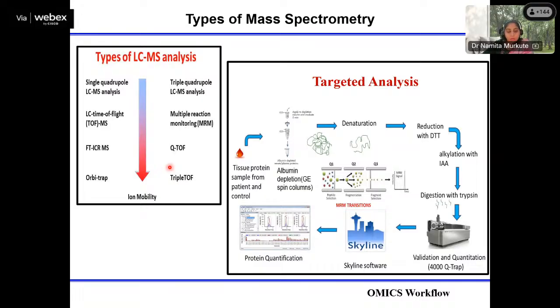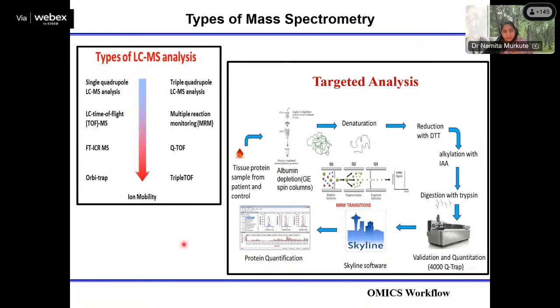Now what is untargeted and targeted? Untargeted analysis is mainly done for descriptive studies, or for the identification of biomarkers. So the whole metabolome, whole proteome or whole lipidome you are going to identify in this non-targeted analysis.